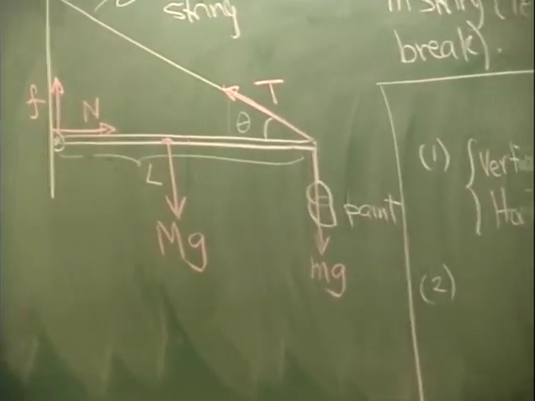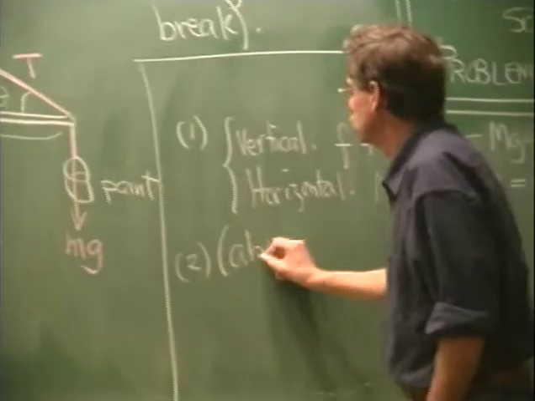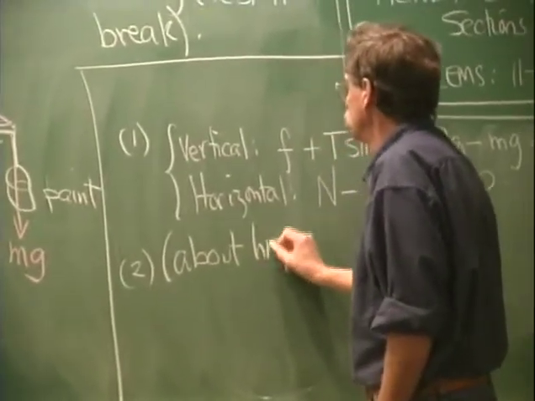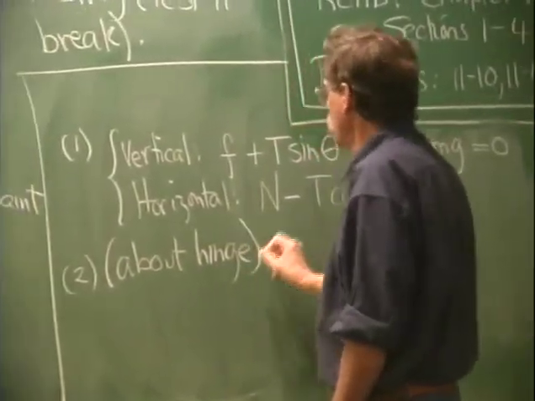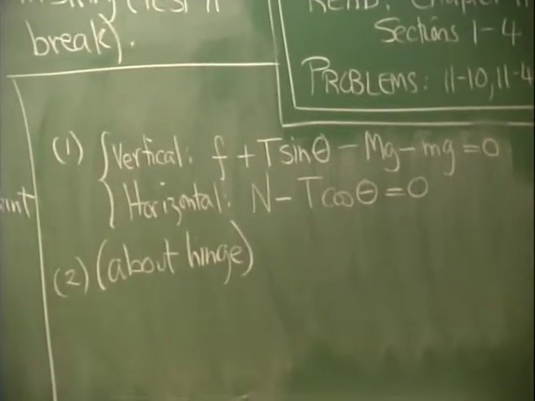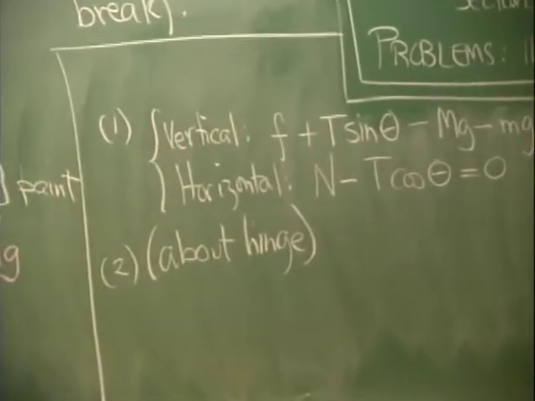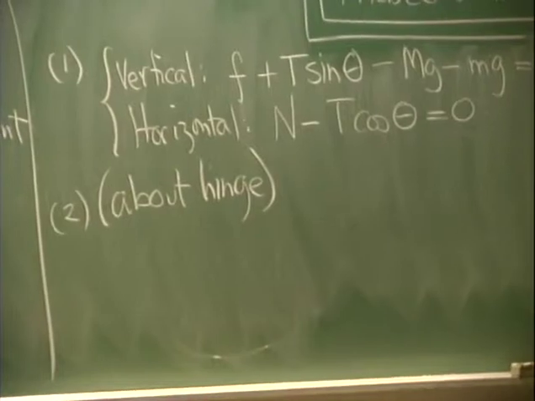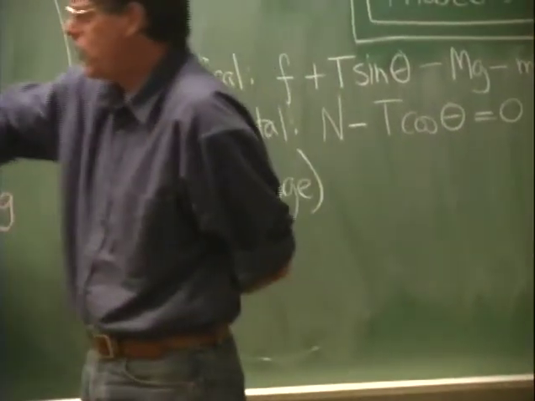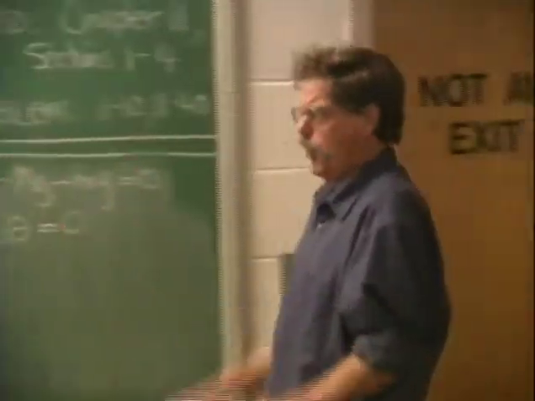So let's use the hinge. That's the obvious place in this problem. In the previous problem, I don't think it was all that obvious what was the good place to use. In this problem, it's pretty obvious that the hinge is the best place to use.